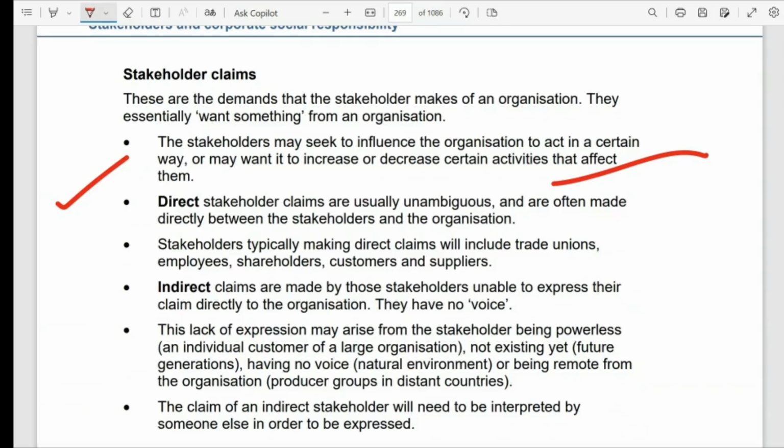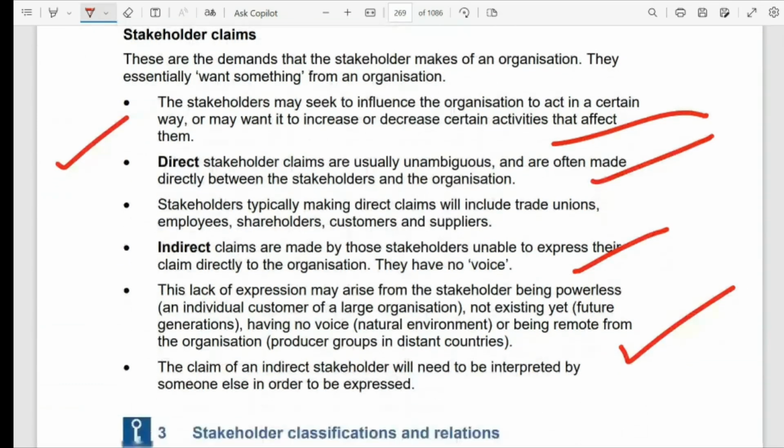Direct stakeholder claims are usually ambiguous and are often made, and indirect claims are made by those stakeholders unable to express their claims directly to the organization. They have no voice. This lack of expression may arise from stakeholders being powerless.